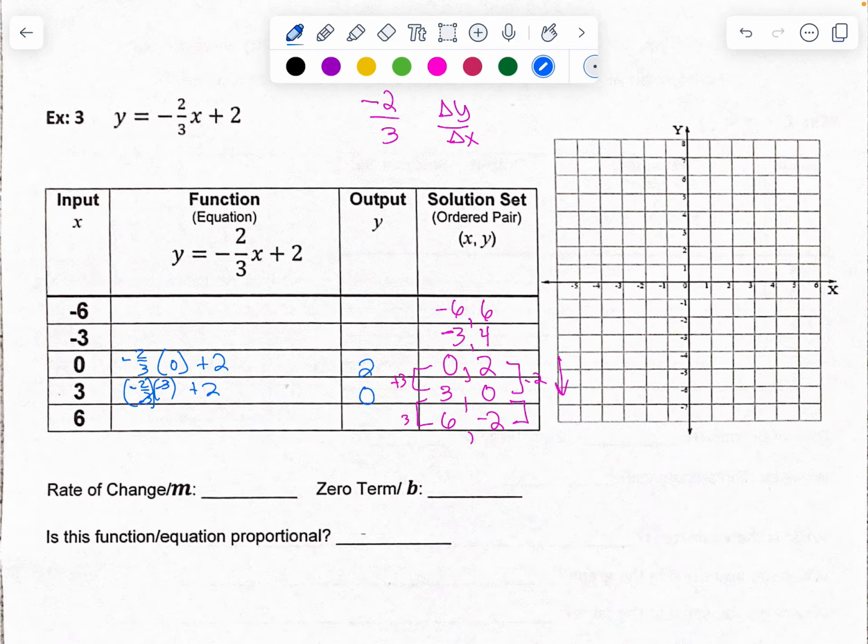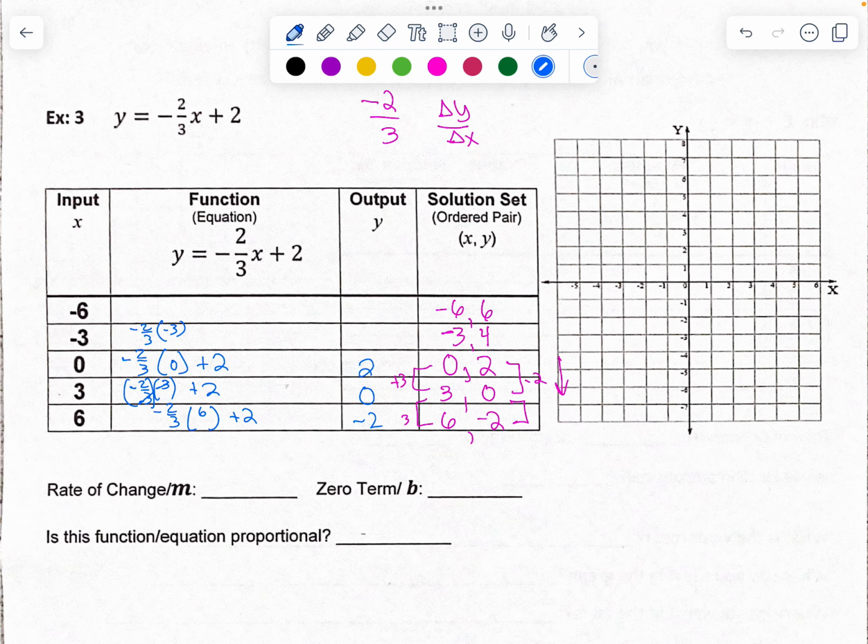-2 thirds times 6 plus 2 is negative 12 over 3, which is negative 4. Negative 4 plus 2 is negative 2. That works out. Negative 2/3 times negative 3.